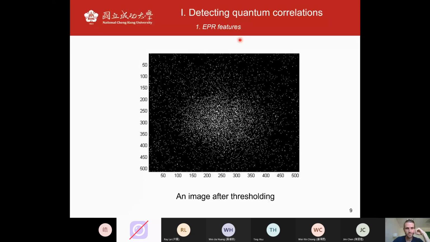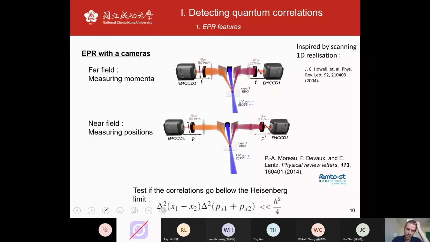So that's the scheme that we use to test Einstein-Podolsky-Rosen entanglement, the features of entanglement in images. So what we have are now two setups.